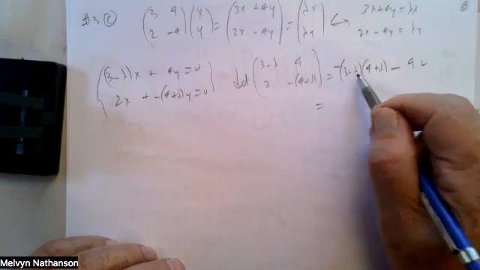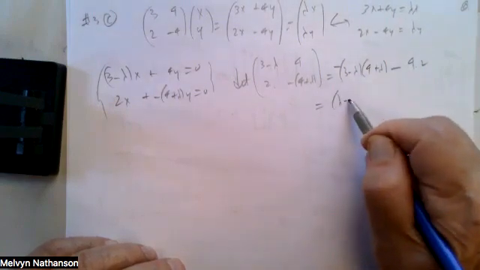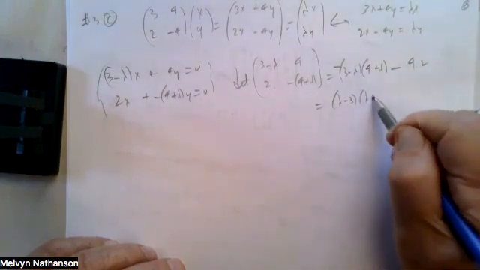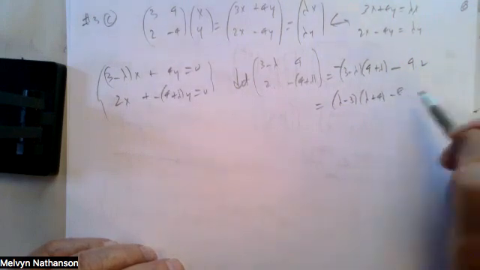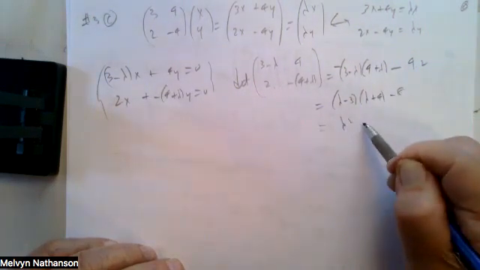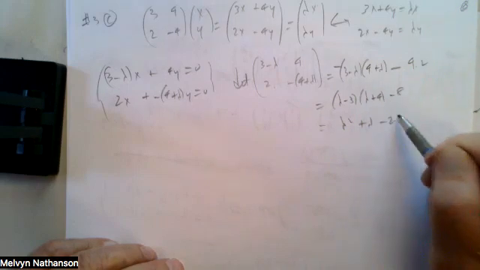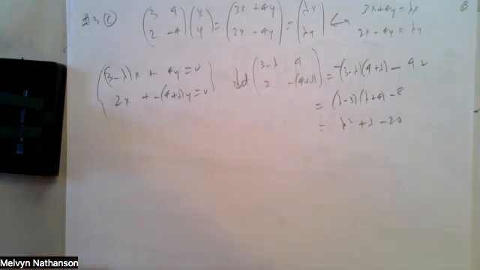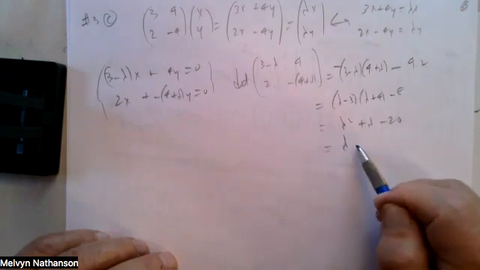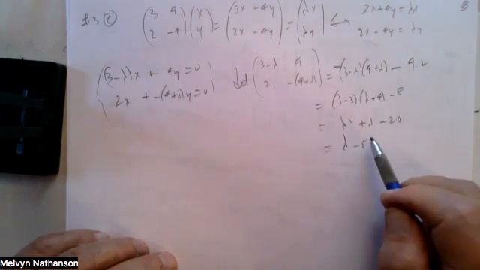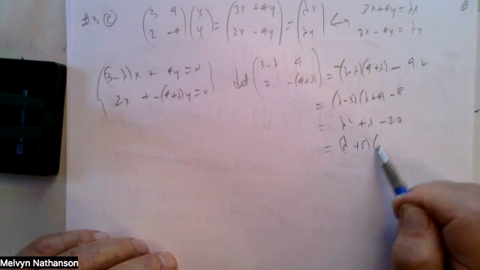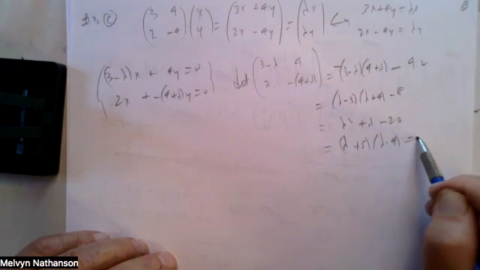This is, let's see, minus 3 minus lambda is lambda minus 3 times lambda plus 4, minus 8. This is lambda squared plus lambda minus 20, which I believe factors into lambda plus 5, lambda minus 4 equals 0.